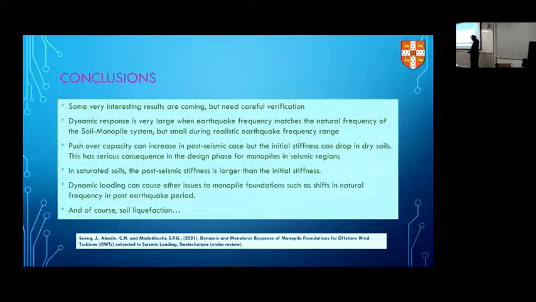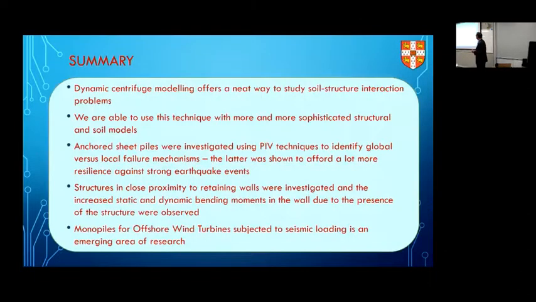And the changes in initial stiffness are very, very interesting. And this dynamic loading, which largely was ignored by the offshore industry, is now coming back to show how important it is to consider those things, especially where you expect seismic loading. And of course, there's soil liquefaction to worry about.